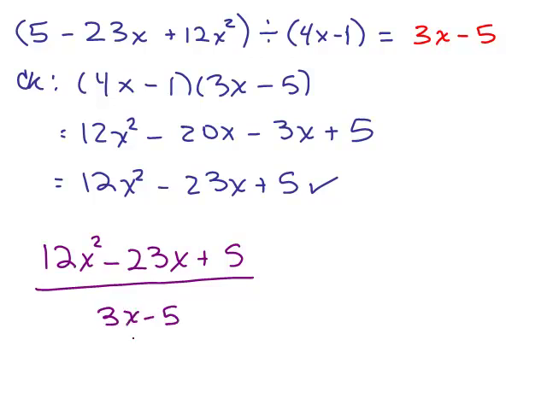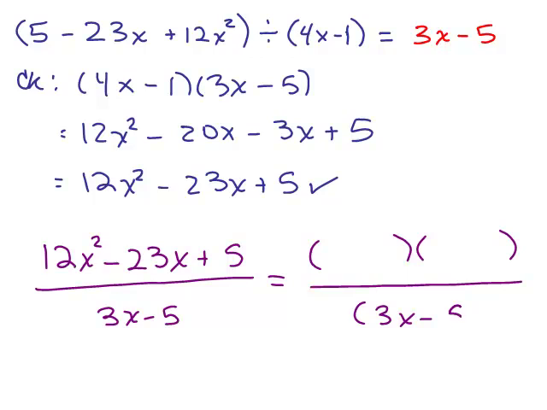What it means is if you could have factored this numerator, using any method you want, it factors to 4x minus 1 times 3x minus 5, and you would have been able to cancel the 4x minus 1. That would have been a different way to do the problem.